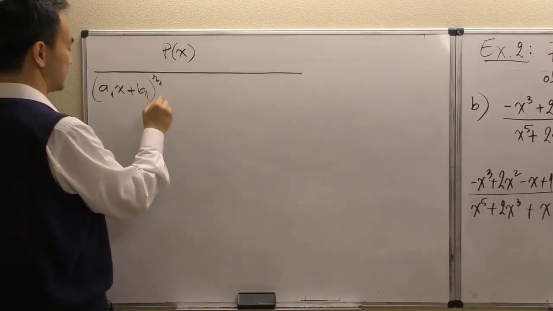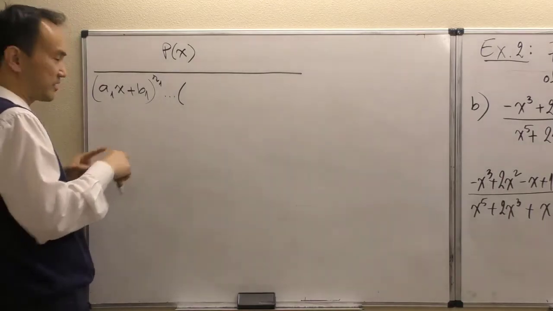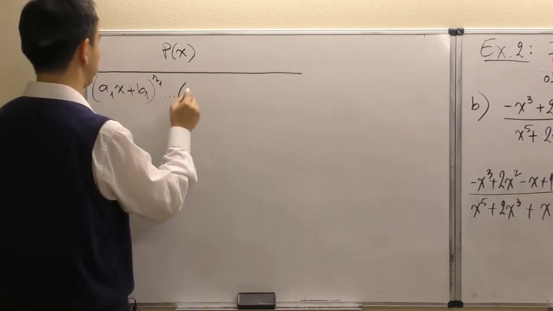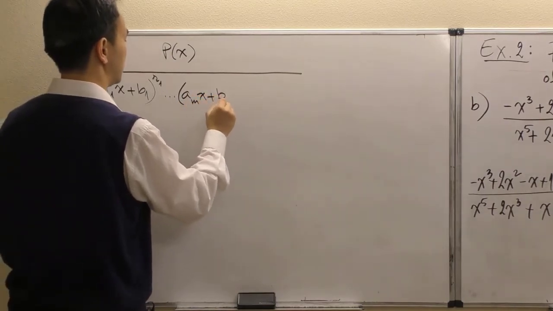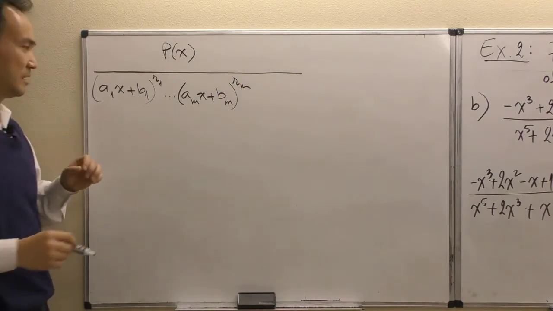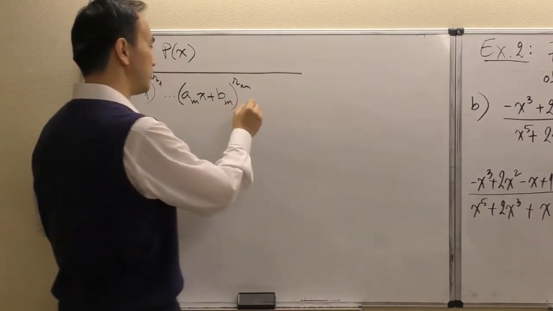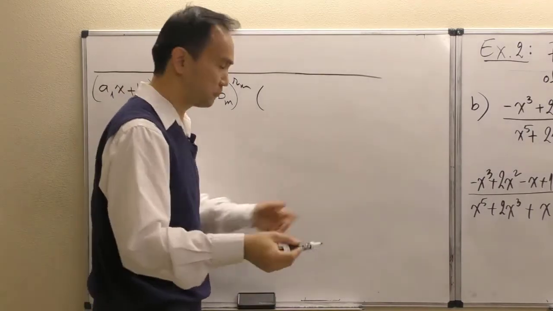There's a certain number of linear factors in there with some repeats, up to am x plus bm to the rm power, after factoring out. And then additionally there's some irreducible quadratic with some repeats involved.